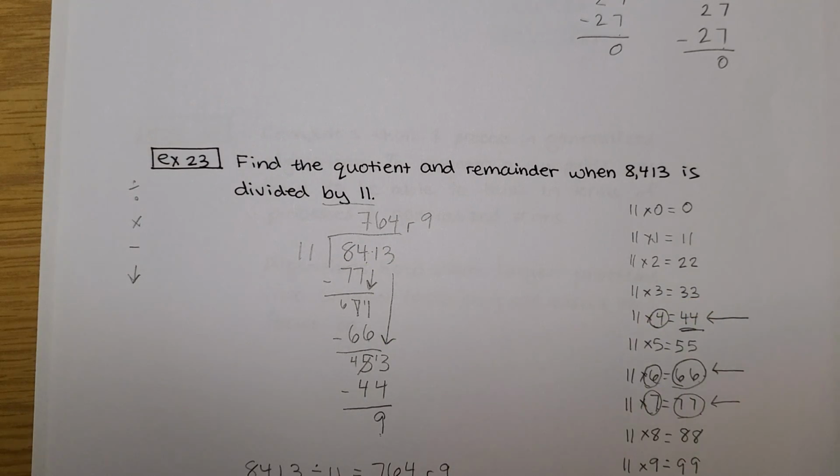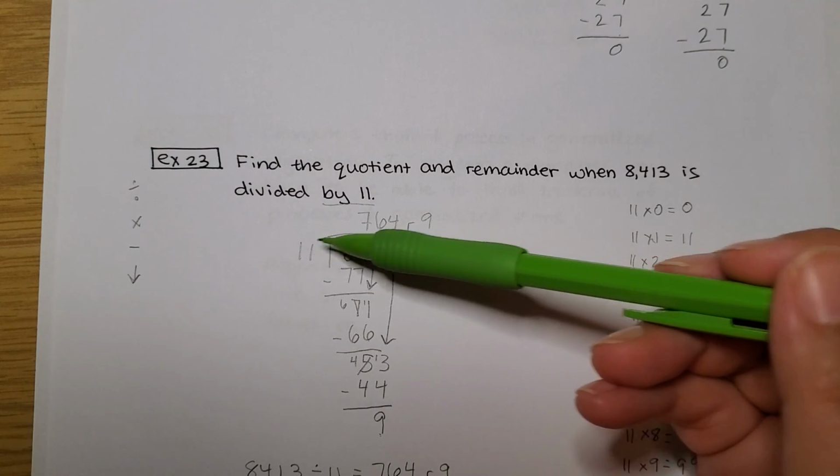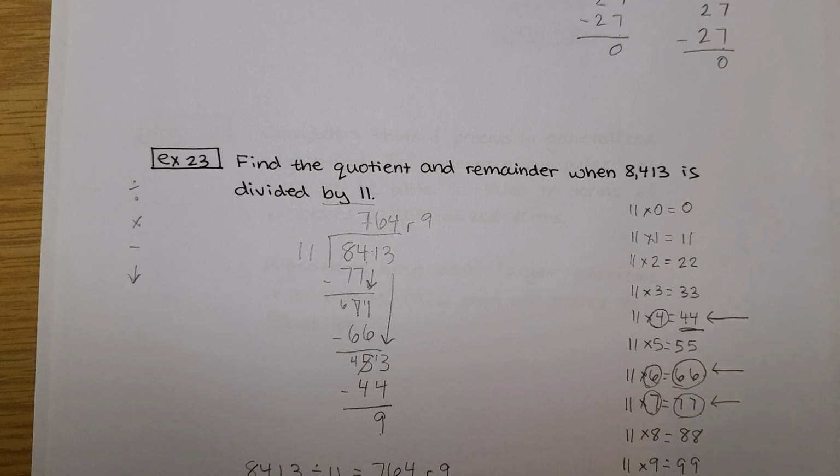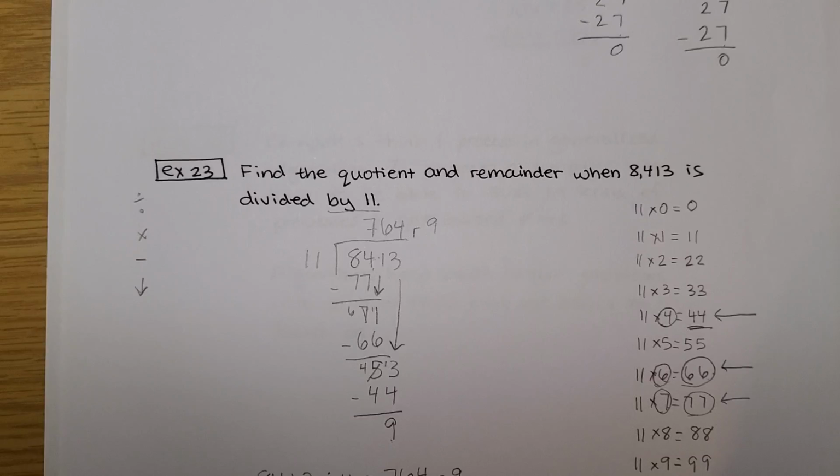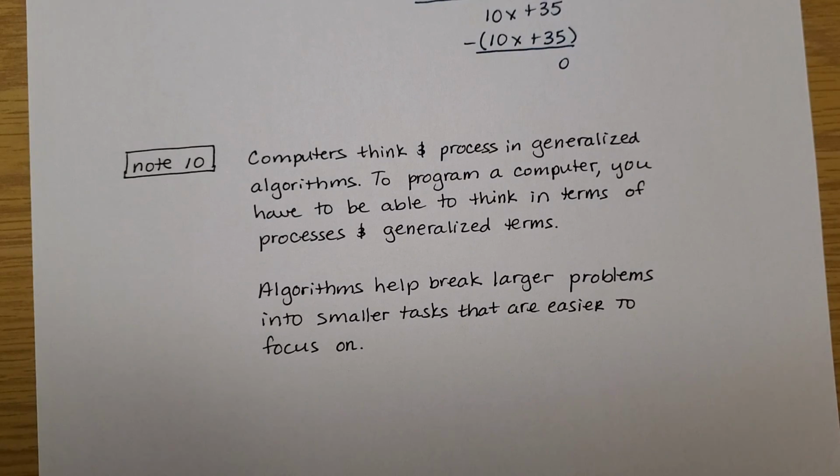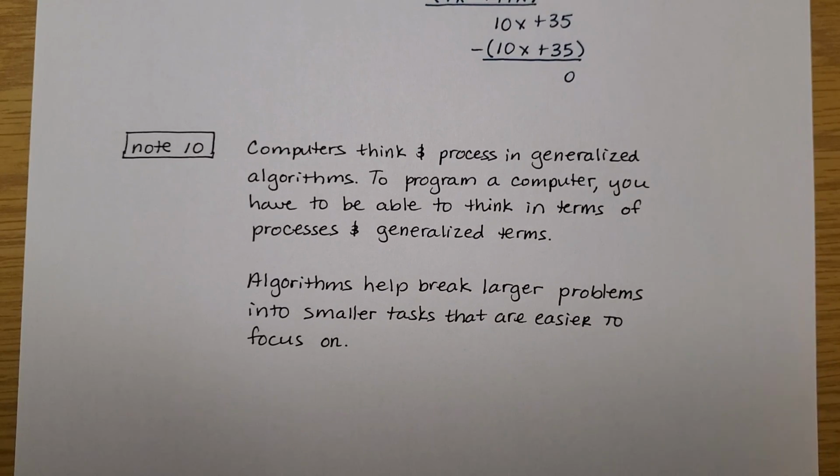That's a specific question with specific numbers, 11 into 84. A generalized question would be, how many times does the divisor go into the first few digits of the dividend? That's a generalized phrase where I'm not using specific numbers, but more just descriptors of things in general.